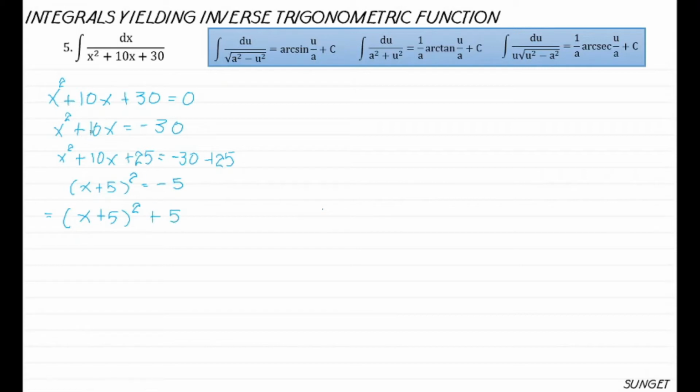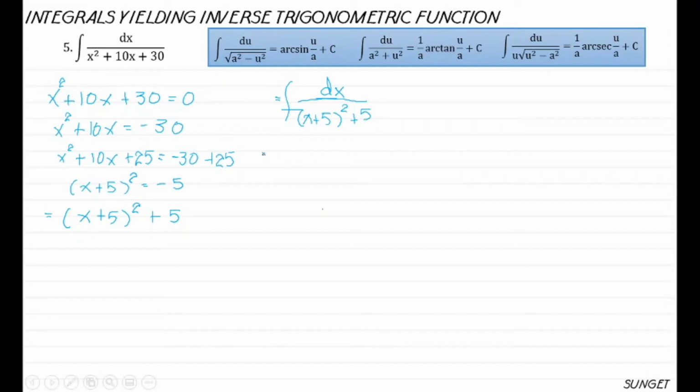So x squared plus 10x plus 30 is equivalent to (x plus 5) squared plus 5. Next, rewrite the integral. So we have the integral of dx over (x plus 5) squared plus 5.